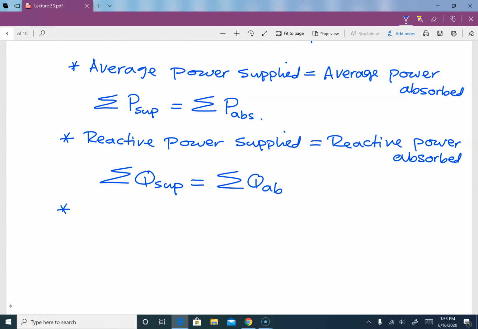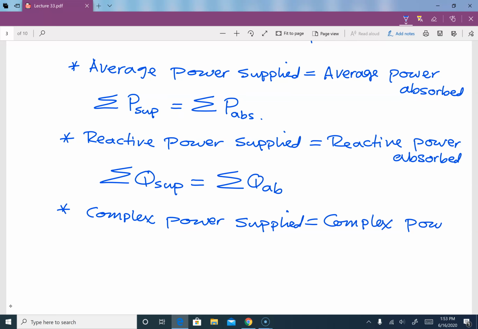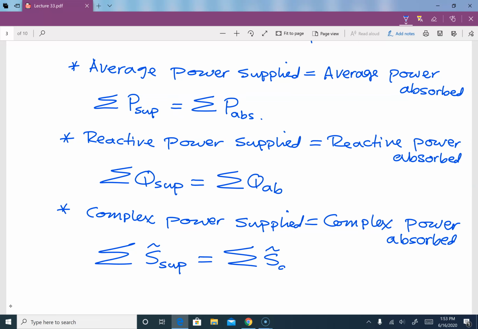And the last thing is that complex power supplied should equal complex power absorbed, which is the summation of S supplied equal to the summation of S absorbed.